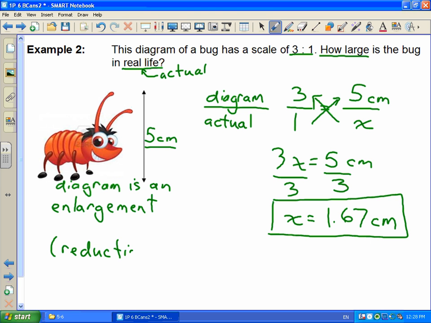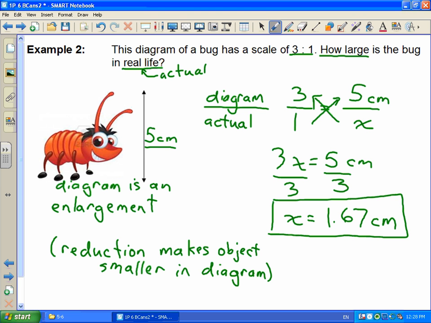So we'll just say reduction makes the object smaller in the diagram. And let's make sure we spell diagram correctly here. And those are scale diagrams.